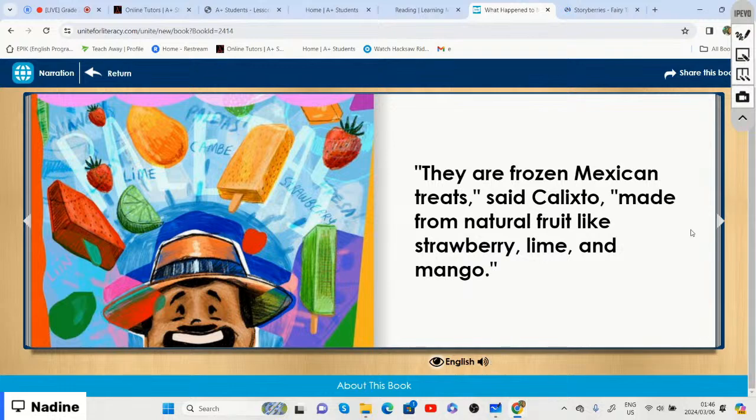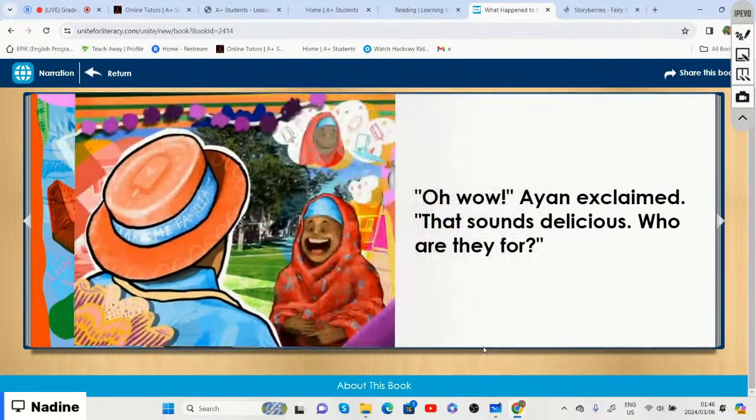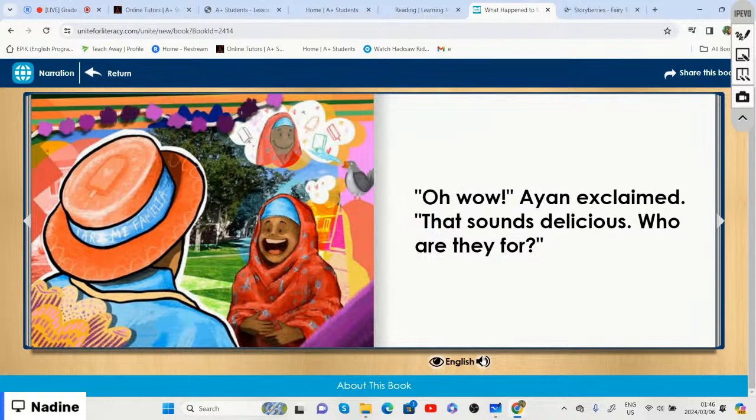All right, so they are frozen treats. Oh, wow! Ayan exclaimed. That sounds delicious. Who are they for?